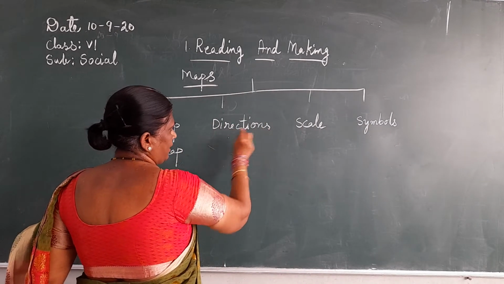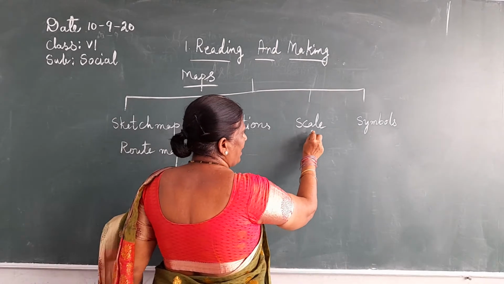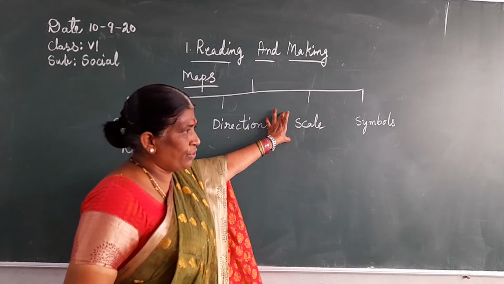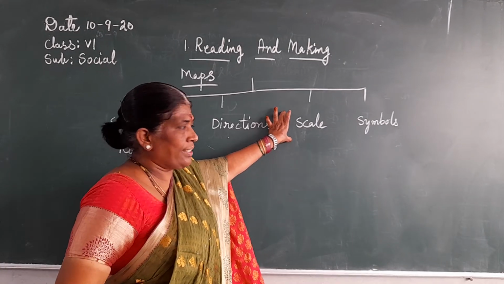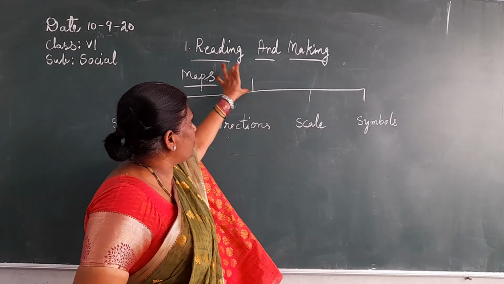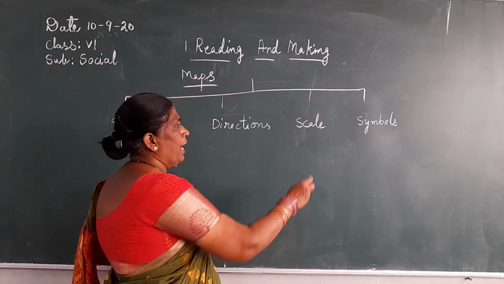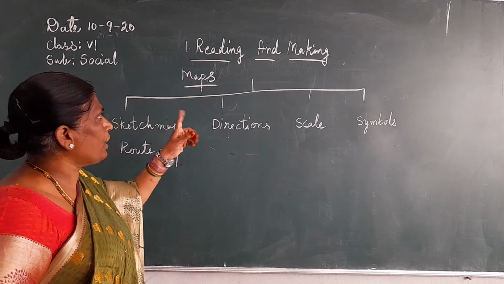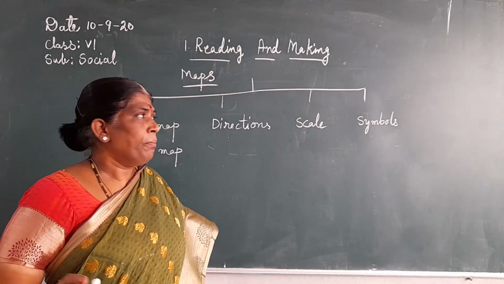D-I-R-E-C-T-I-O-N-S, directions. Scale, S-C-A-L-E. That is not the scale we use to draw lines. This scale is different, which is used in making maps. And symbols. These 3 are very important to read and make maps.